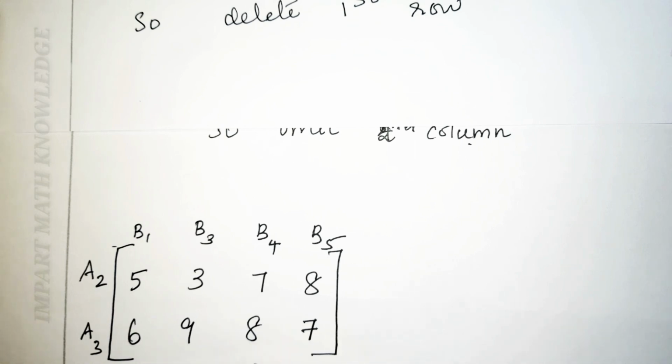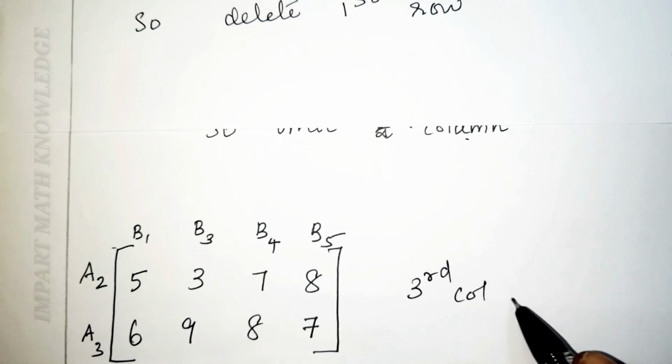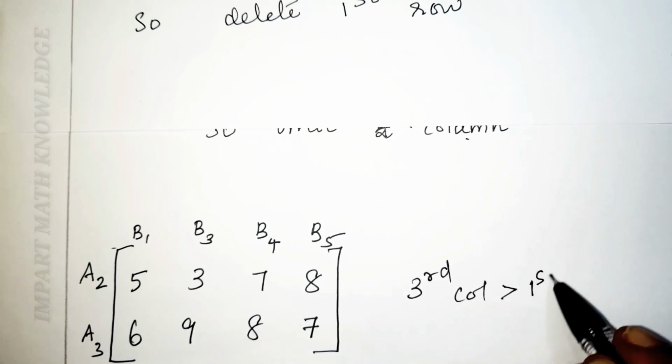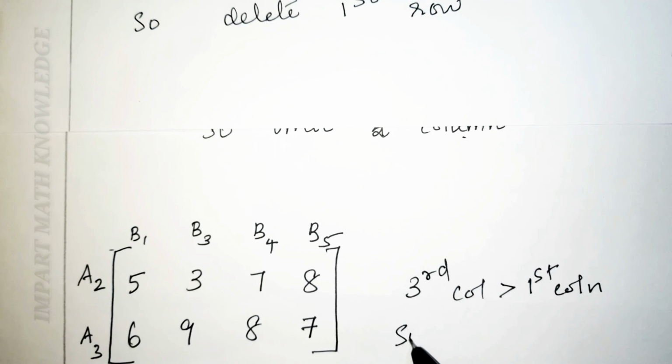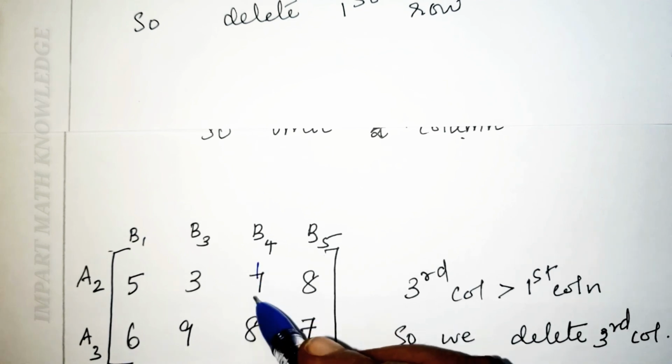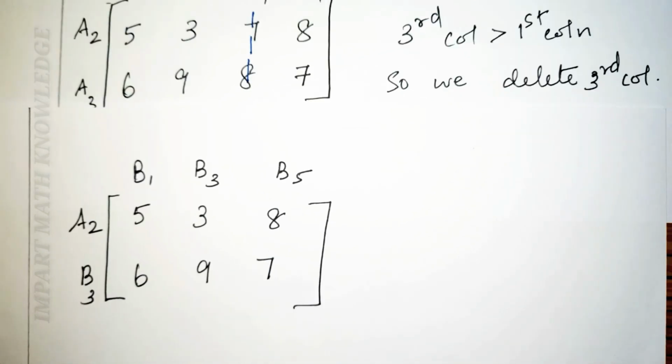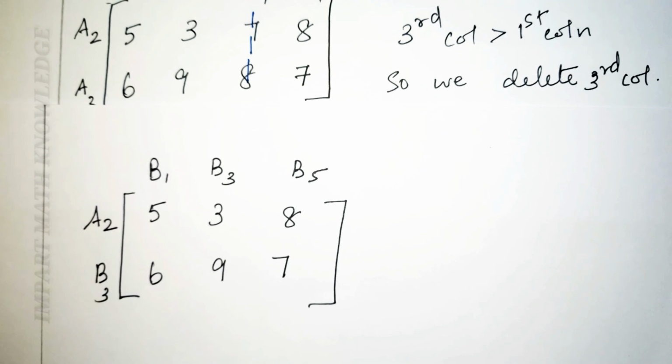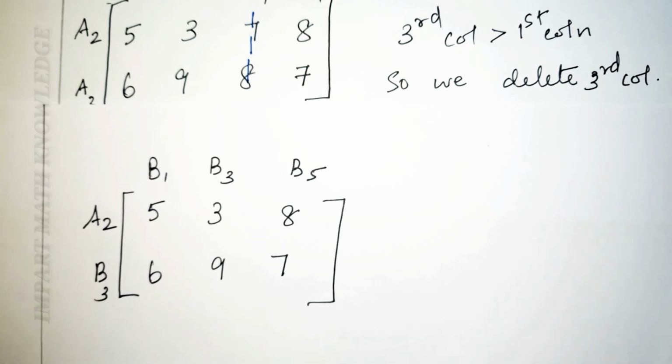So the third column is dominated by the first column, third column is greater than first column, so we delete the third column. This is the reduced matrix.